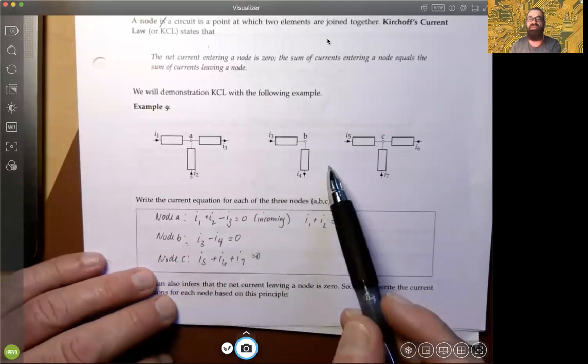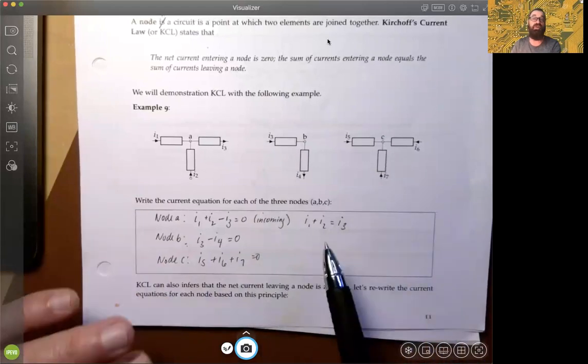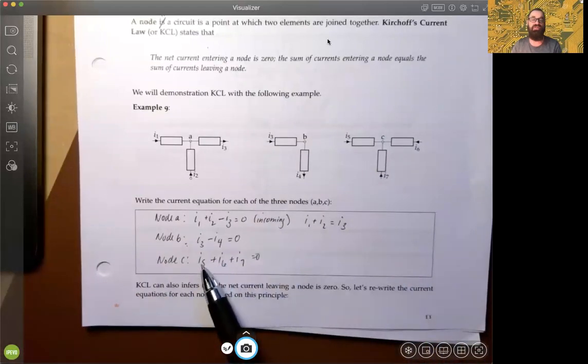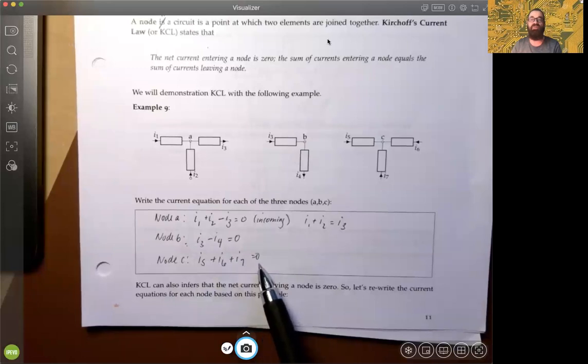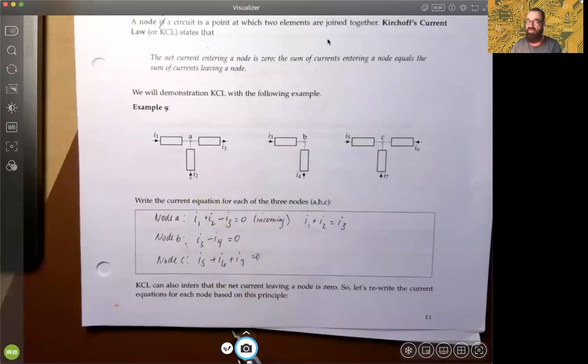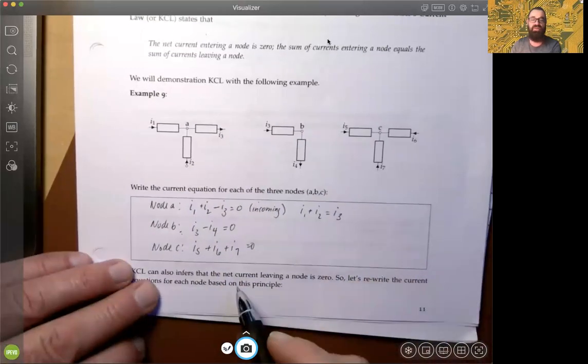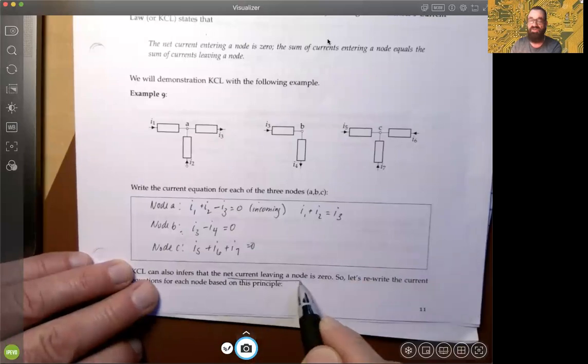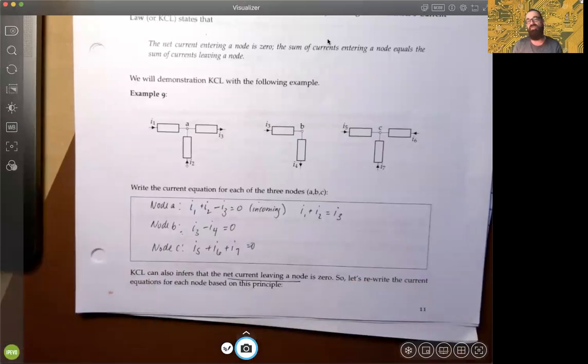And finally in node C, you have three incoming currents, so there's no need for a sign change: I5 plus I6 plus I7 must be equal to 0. All of these are representations of KCL applied at these nodes. But as I indicated earlier, you can also represent it as the net current leaving a node. There are various ways, depending on what's easiest for the circuit you have.